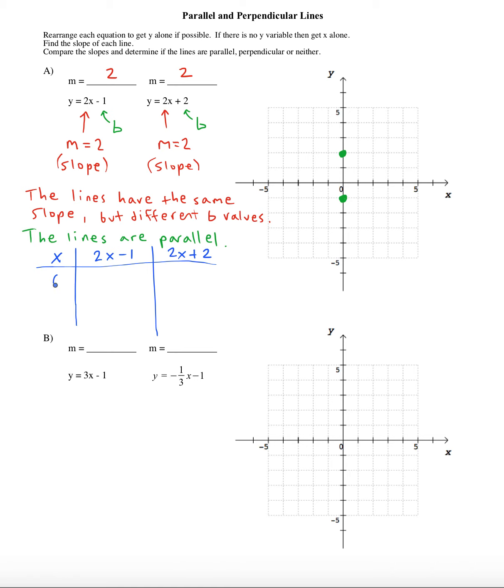So when x is 0, the output of that first line will be, of course, -1, and the output of the second line will be 2. If you pick an x of 1 and plug that in, 2 times 1 minus 1 makes 1. And 2 times 1 plus 2 makes 4. All right, so let's plot those points.